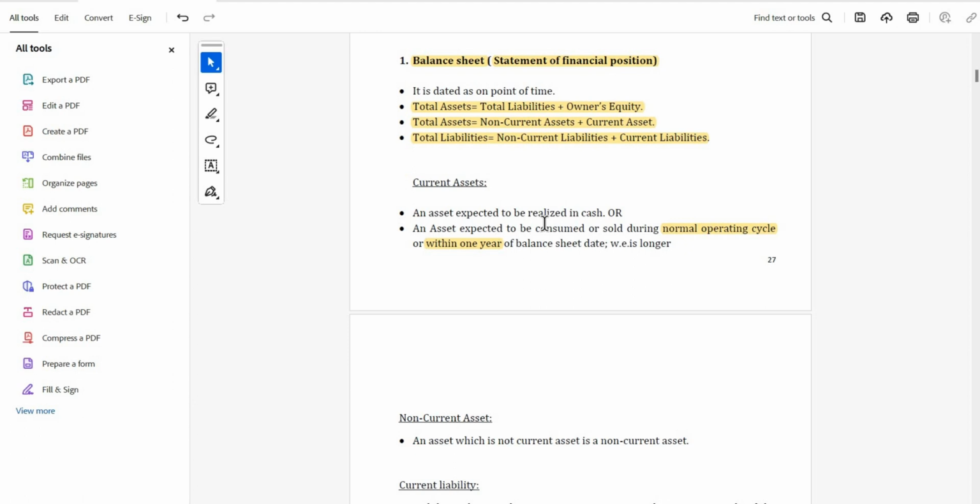If it gets sold or realized in cash within that 4 years or within that 36 months, then it will be categorized as current asset. So it's the operating cycle of different industries.